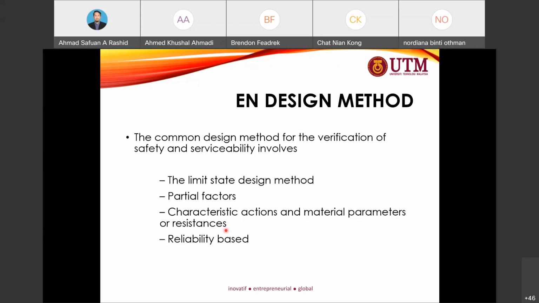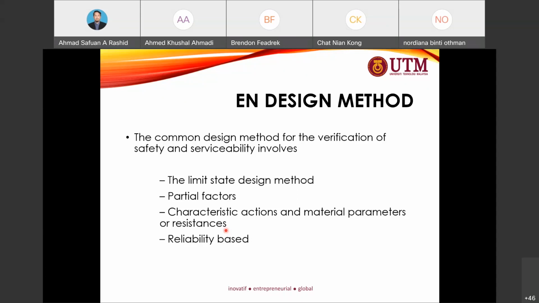So we still use the ultimate limit state and serviceability limit state to design, with the input of the load or the capacity of the soil, and then we may apply a partial factor in the design.